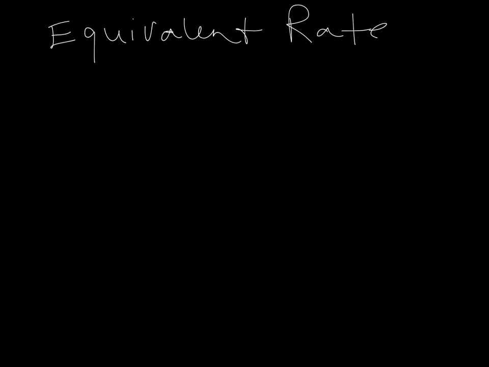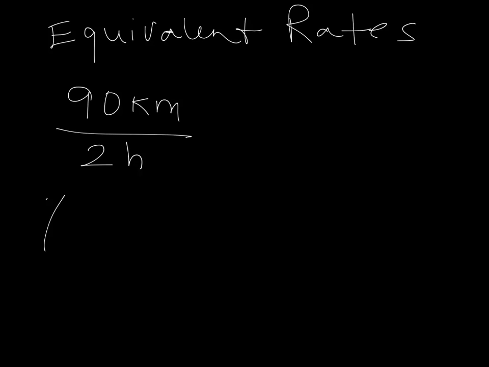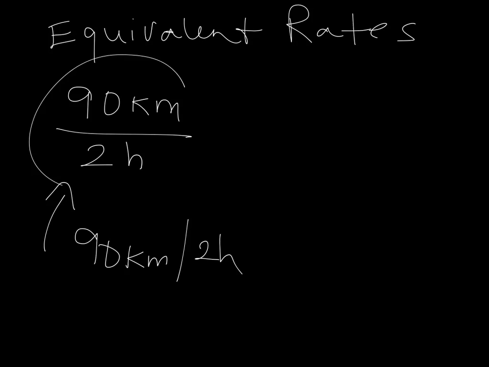work the same as equivalent ratios, where you would have a rate such as I drove 90 kilometers in 2 hours. And another way to write a rate is where it looks like a fraction as well. It doesn't have to be like this, 90 kilometers per 2 hours. Sometimes you're going to want to have it like that just to be able to work with it and figure things out around it.